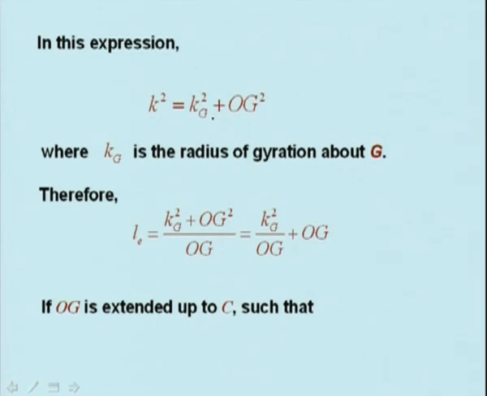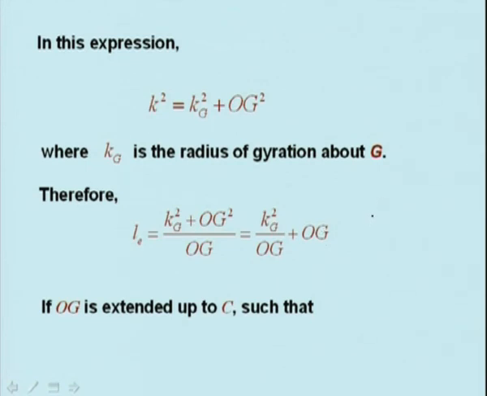K square is equal to kg square plus OG square, where kg is the radius of gyration about G. Therefore LE is equal to kg square plus OG square divided by OG. This comes out to be kg square by OG plus OG.